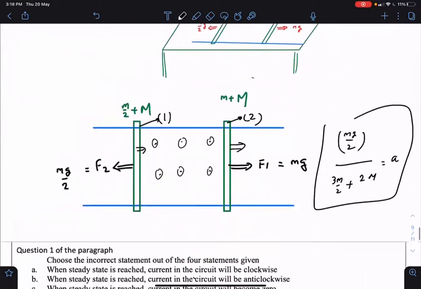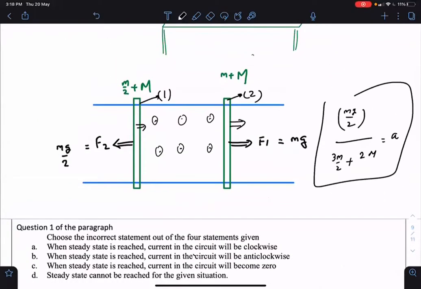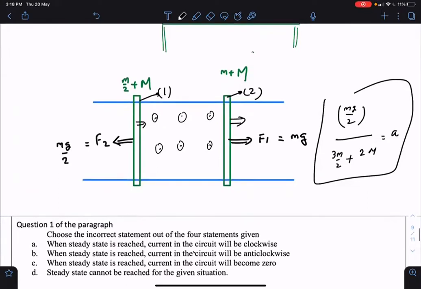So initially BIL is 0. Because initially BIL is 0, we can say that F1 is the only force on m plus m, and F2 is the only force on m by 2 plus m.